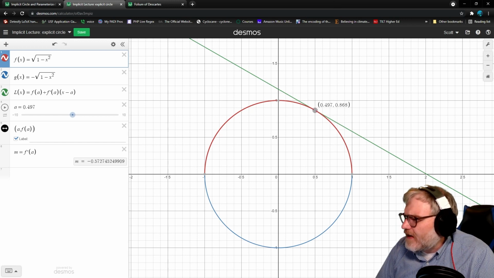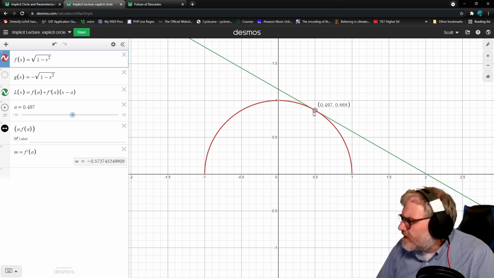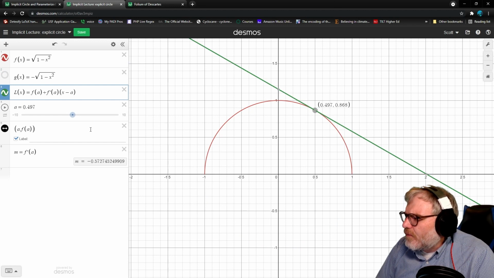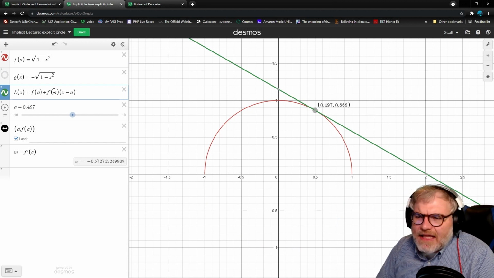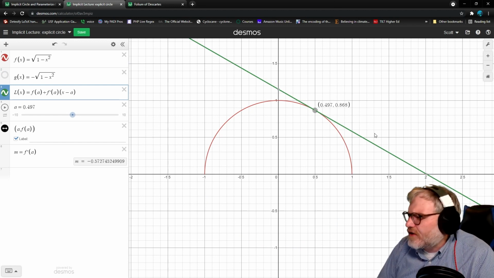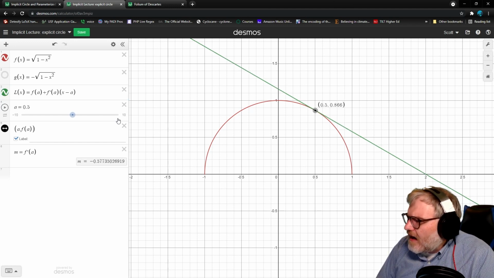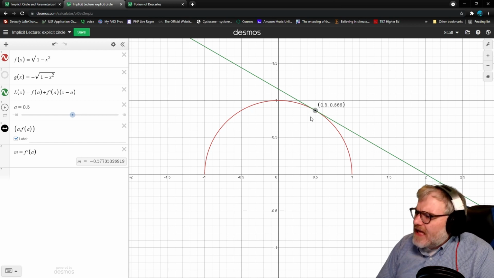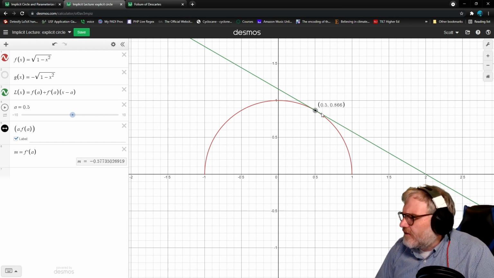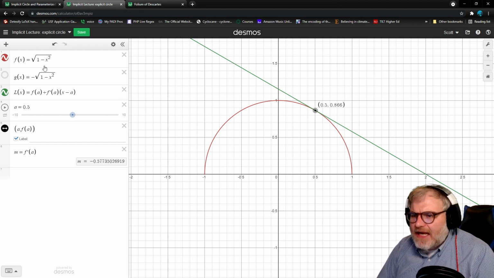And then for the top function, the line we want is right here. So what I do is I compute the slope of that line. The slope of the line tangent to the curve would be the derivative of this function at 0.5. So what I need is f prime of 0.5, where this right here is f, right?